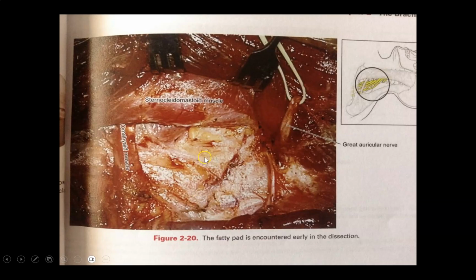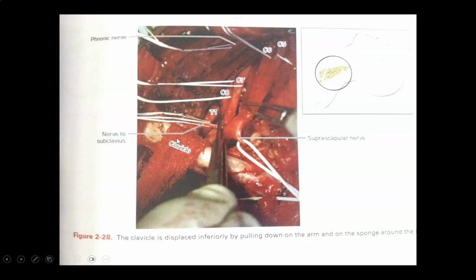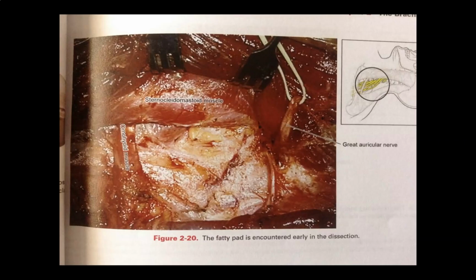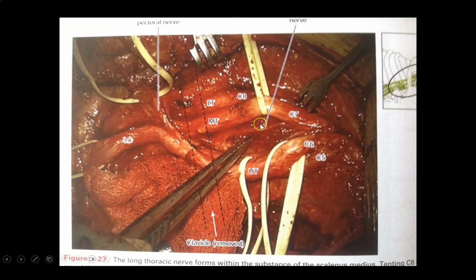And then you find a pad of fat behind the sternomastoid and below the omohyoid.